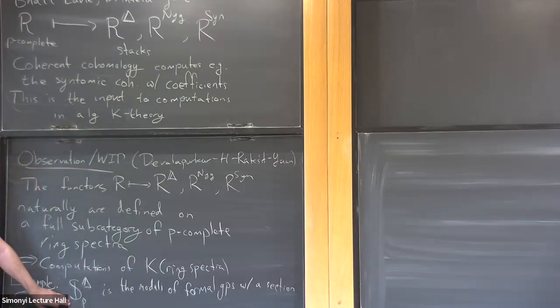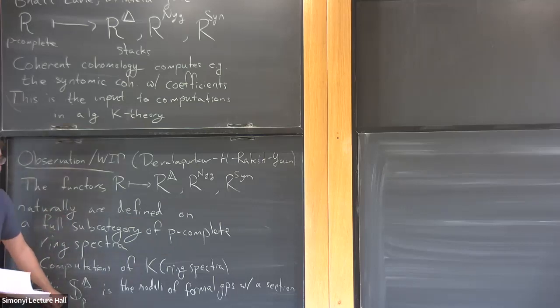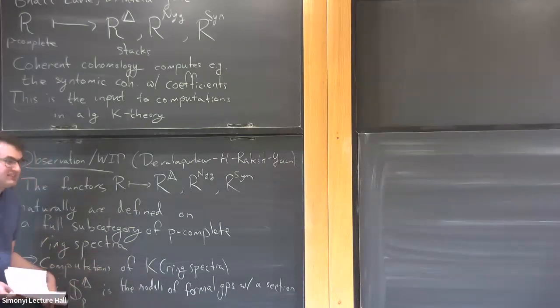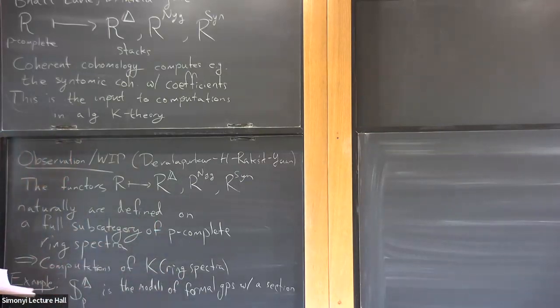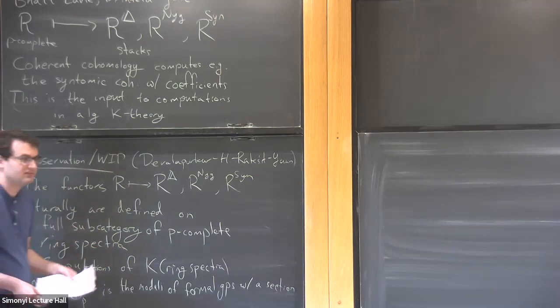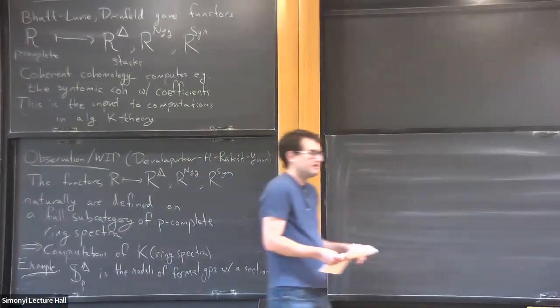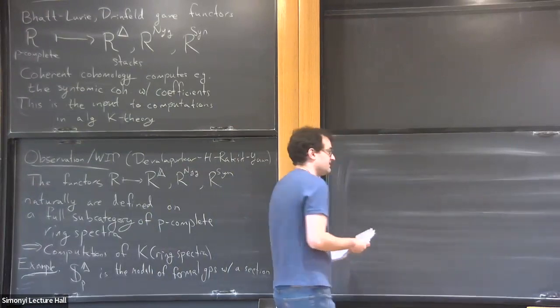This is the same object S that Jared wrote. I think a lot of homotopy theorists tend to write a blackboard bold S, just as one writes a blackboard bold Z for the initial ring. And so this is the prismatization of the initial ring, and it's giving you this moduli of formal groups with a section. There's a map from the initial ring to the integers, so you get a map from Z prism to S prism, and that classifies this Drinfeld formal group. Okay, anyway, let me not dwell on that.